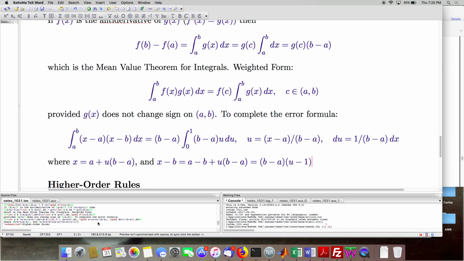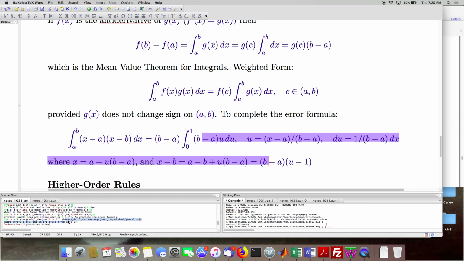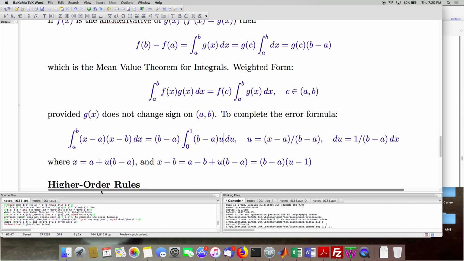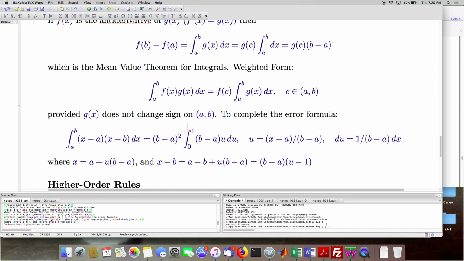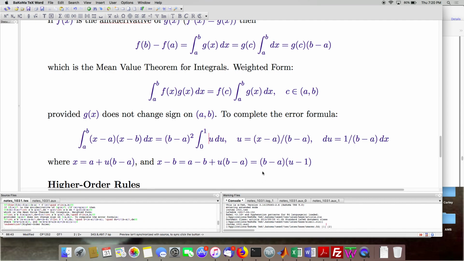So if I fill in the rest of my integrand, I have b minus a again. I actually have two b minus a's here already, so I'm going to put them together. And then I fill this in here. That's going to give me another b minus a, so b minus a cubed.